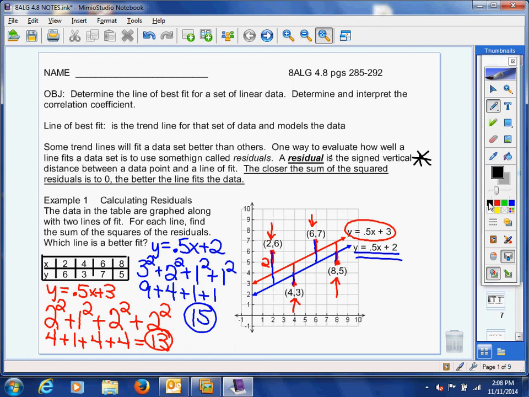In this case, the better fit is the red line, y equals 0.5x plus 3, because the sum of its squared residuals is 13, whereas the blue line's sum is 15. 13 is smaller than 15, and 13 is closer to 0 than 15. Therefore, the red line is the better fit.